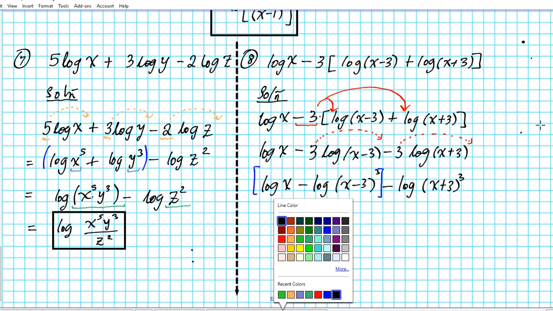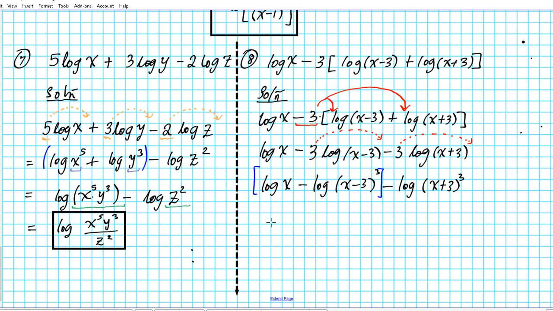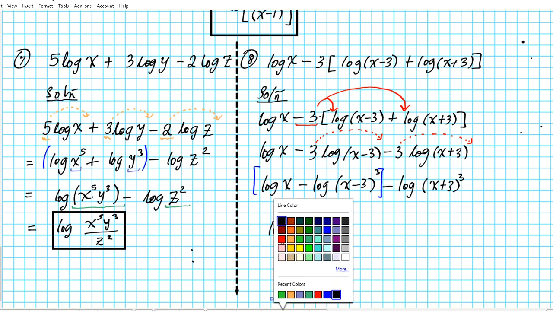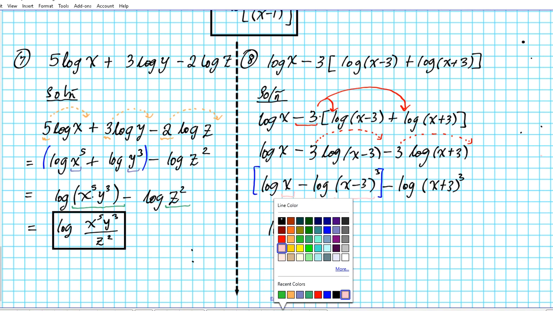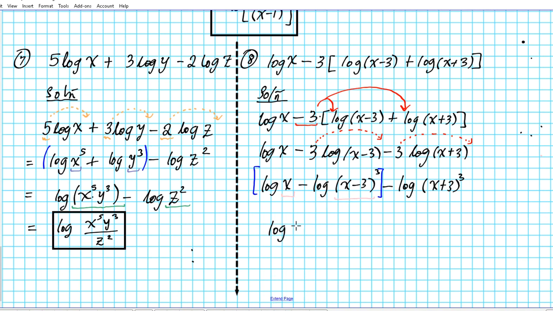If we condense those two, that's going to yield the log of the quotient of the logarithmic arguments. In this case, our logarithmic arguments are x and the quantity x minus 3 raised to the third power. So this will become x divided by the quantity x minus 3 raised to the third power.